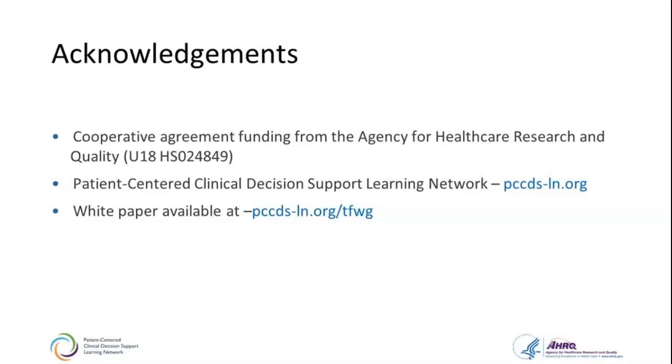So before going into today's presentation, we just want to put out a few acknowledgments. First is the funding through a cooperative agreement from the Agency for Healthcare Research and Quality. It has provided 4-year funding for this cooperative agreement, that being the Patient-Centered Clinical Decision Support Learning Network. And it was the Patient-Centered CDS Learning Network that brought together various stakeholders to do this work within a trust framework working group.